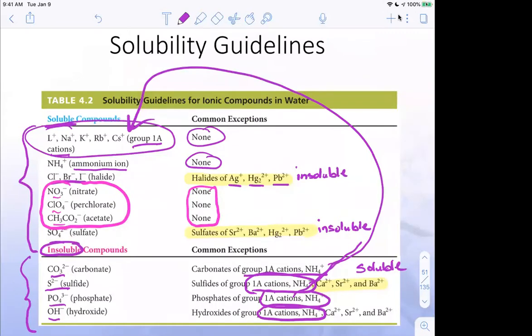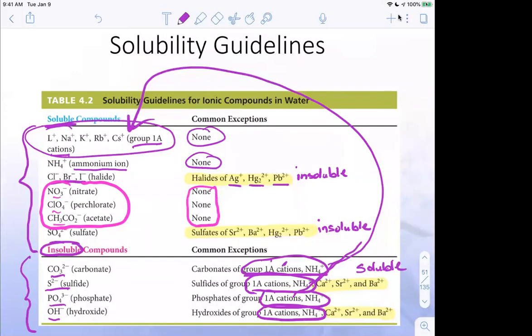You getting the idea? If you know this rule, basically what you're saying is unless I have group 1A, all other carbonates are insoluble. Unless I had group 1A or ammonium, all other phosphates are insoluble. There are these sort of common exceptions, calcium, strontium, and barium.